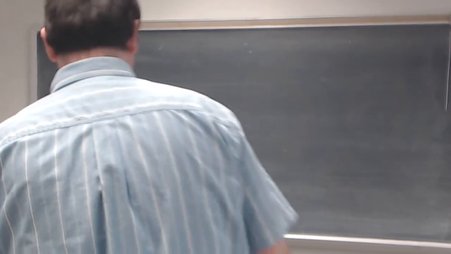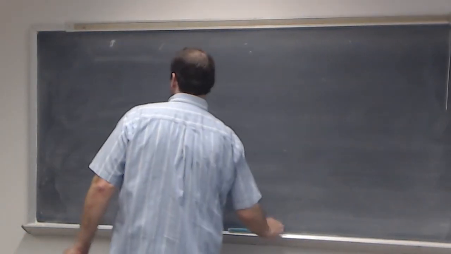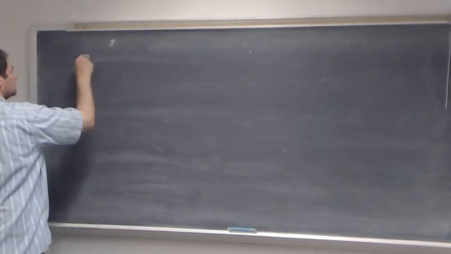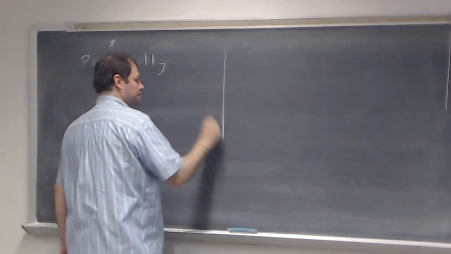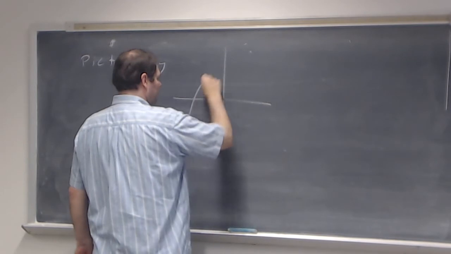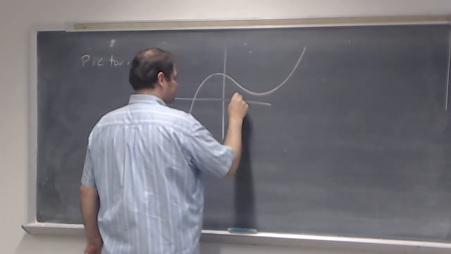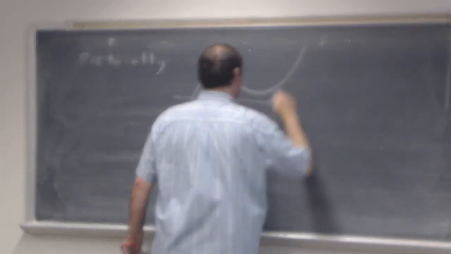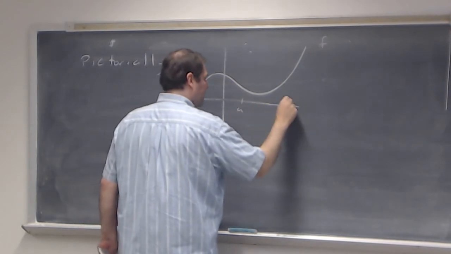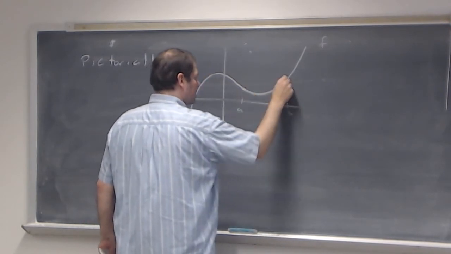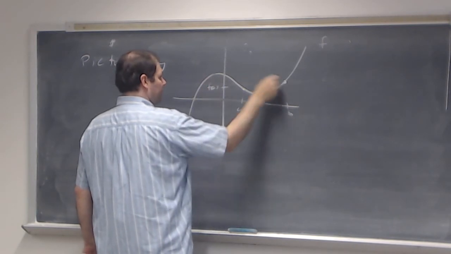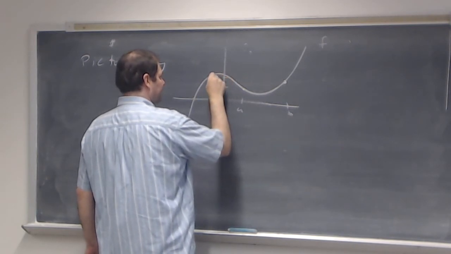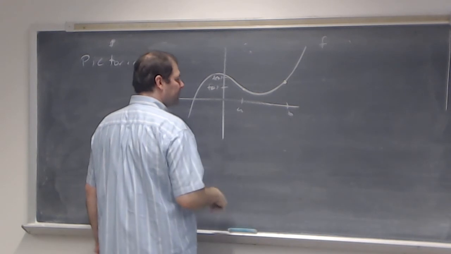Pictorially, what's being said here? You have some kind of prototypical function f. This is my f. Here's a, maybe here's b. And so this is f of a.